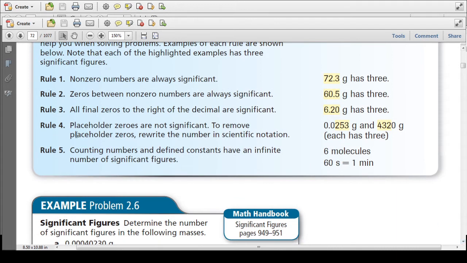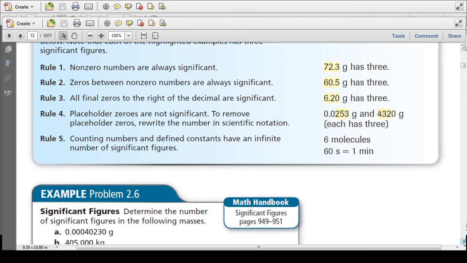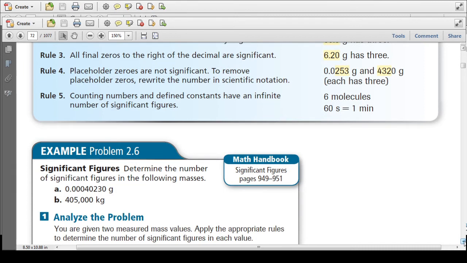We say rule number 5 because when we do dimensional analysis, the question comes up quite frequently, and we take these numbers to have an infinite number of significant figures so that we don't use these rules to determine how we report the answer in terms of significant figures. It's almost as if we just ignore these in the rules of addition, subtraction, multiplication, and division of significant figures.